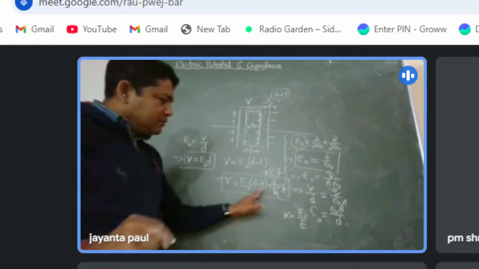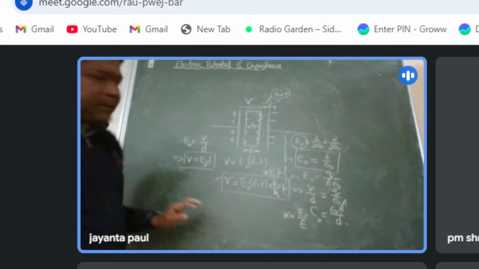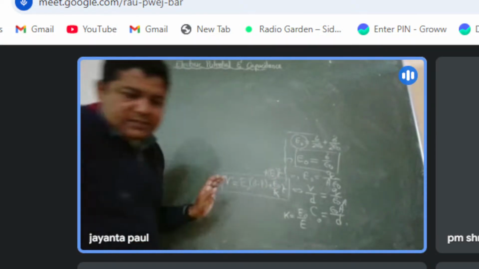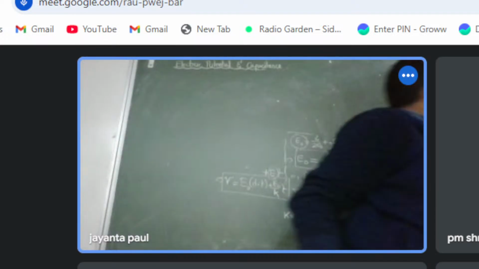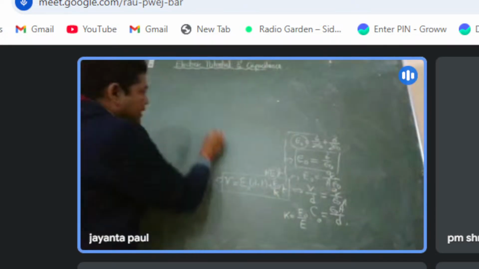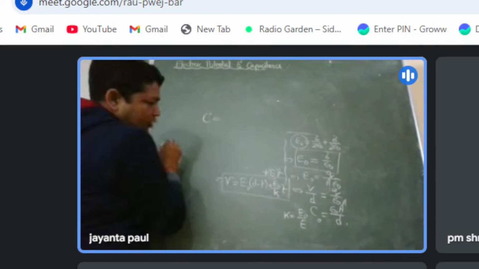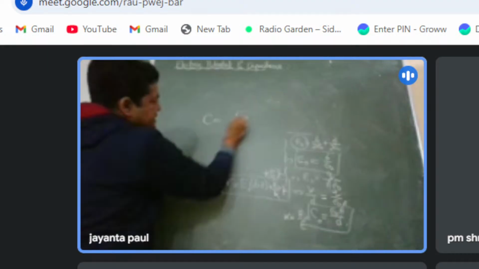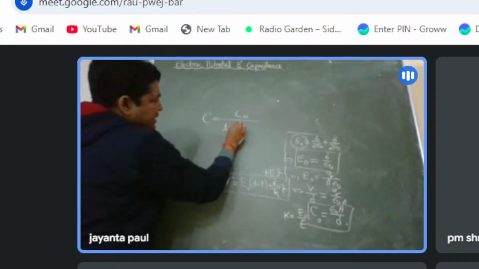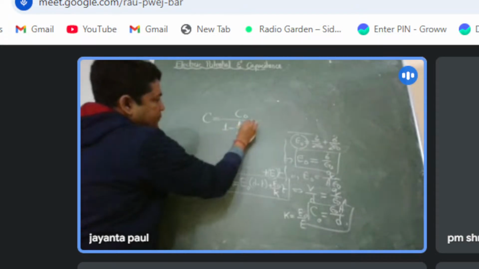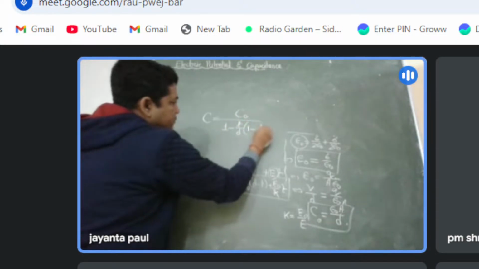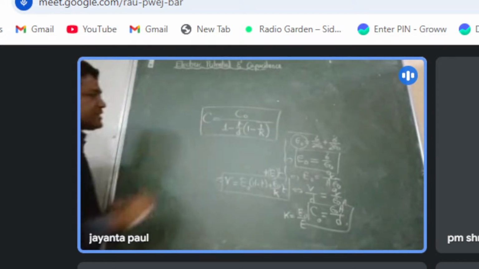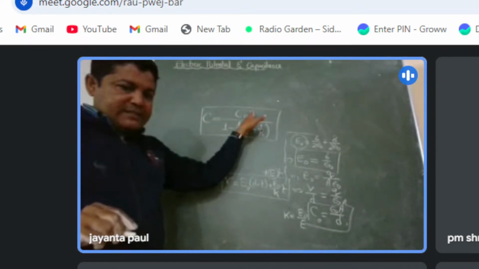So when I solve this one, the solving part is very easy. तो अगर solve करोगे, the answer comes that the new capacitance is C0 divided by 1 minus T by D, bracket 1 minus 1 by K, where C0 is the original capacitance.